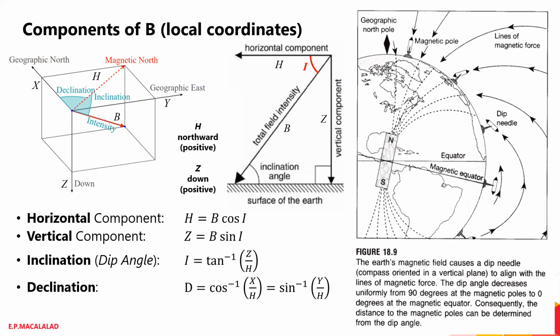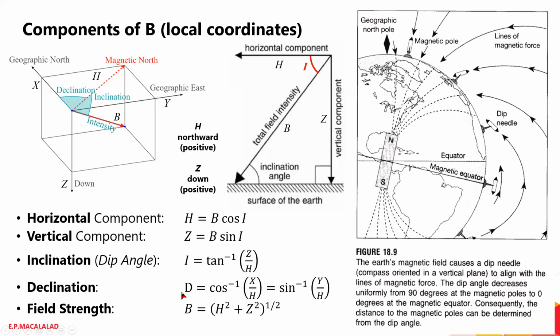Now, your magnetic models, including IGRF, provide a model for these parameters. That includes the total magnetic field B, the horizontal and vertical components, the inclination, and declination. By the way, if you know the horizontal and vertical components, we can use them to calculate the total field strength at the surface.